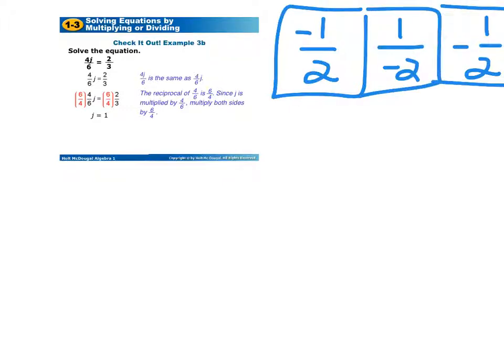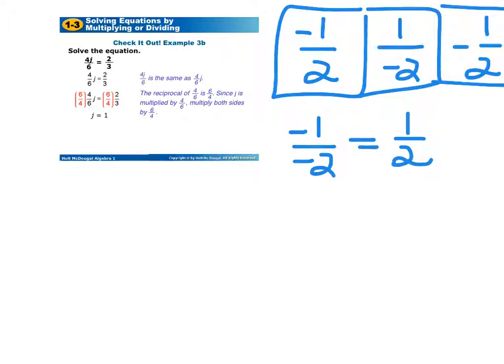It's -1/2. However, if you have a -1 and a -2 in your fraction, a negative divided by a negative turns into a +1/2. So just be aware of the placement of the negative signs.